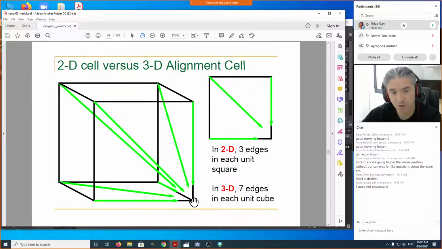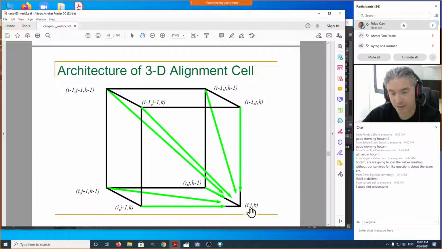In order to come to a certain cell, each option will indicate something. Look at this, I, J, K. In order to come to a certain I, J, K cell, we can come from I minus 1, J minus 1, K minus 1, which means no gap in any of those sequences. If you don't have any gap, you will follow this diagonal.